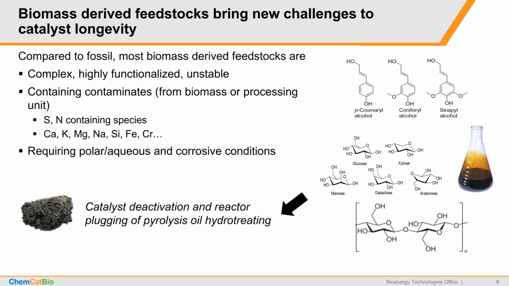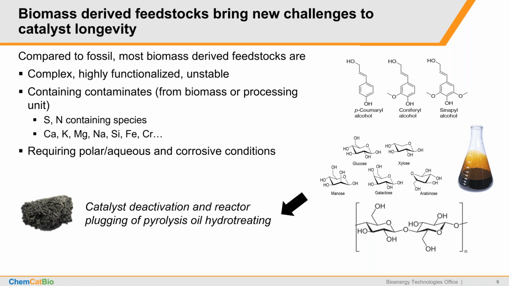Compared to fossil feedstock, most biomass-derived feedstock are complex, highly functionalized, and unstable. For example, bio-oil, which is a pyrolysis product from biomass, contains lots of reactive species. It will go through condensation or polymerization reactions to form high molecular weight species and eventually plug your catalyst pores and eventually plug your reactor. At the same time, biomass-derived feedstock could contain contaminants, either from the biomass itself or from the process unit.